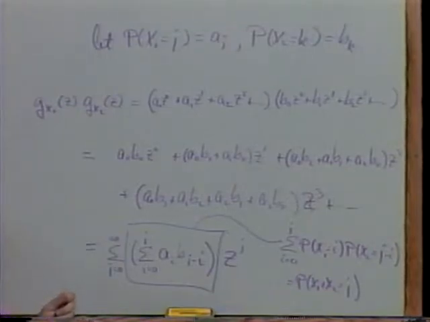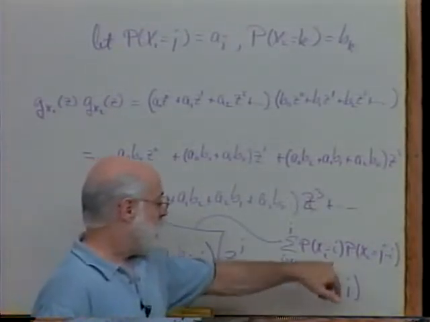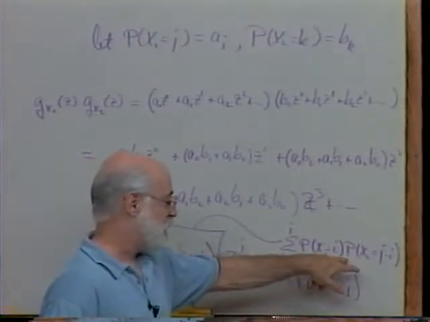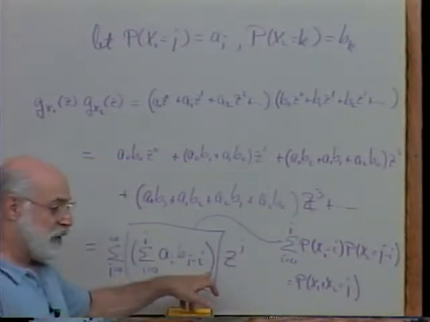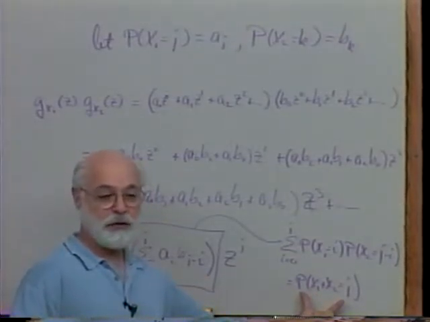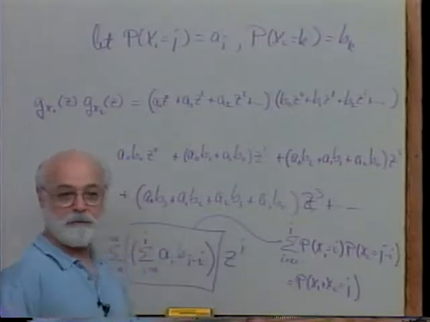So if x1 and x2 are independent, then the product of their generating functions gives me a series whose coefficients are the probabilities associated with the sum of the random variables.